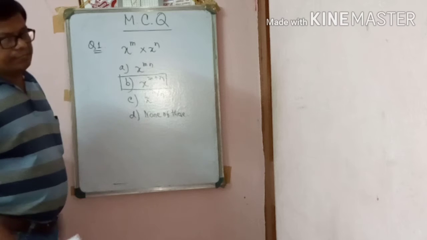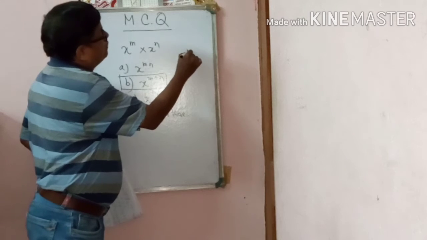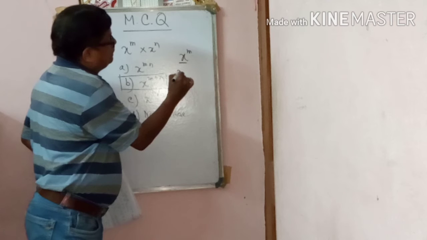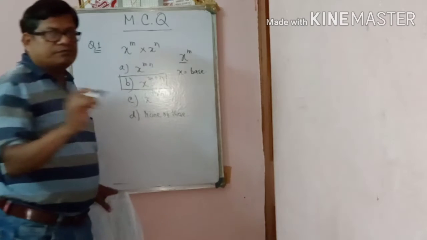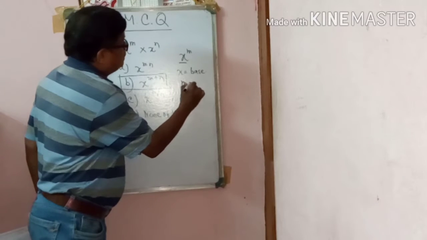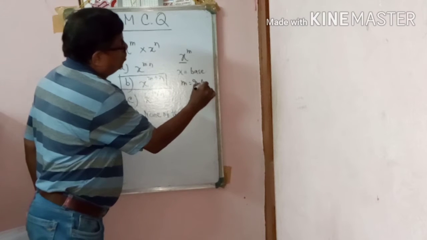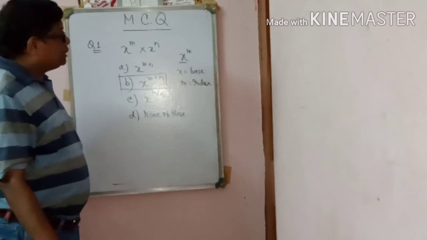Now I am explaining this part. In x to the power m, x is called the base, and m is the power or index.